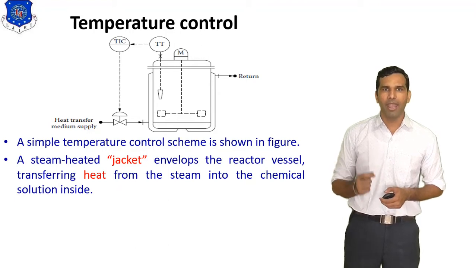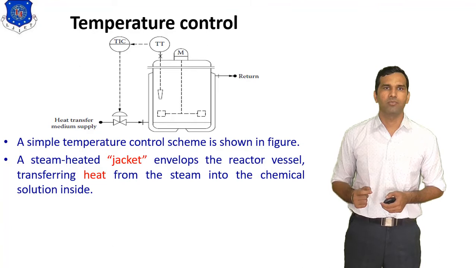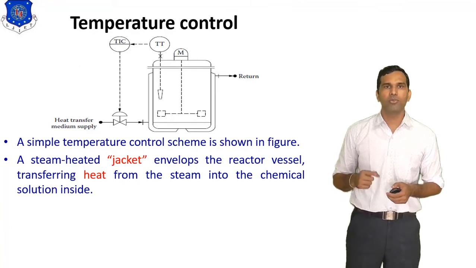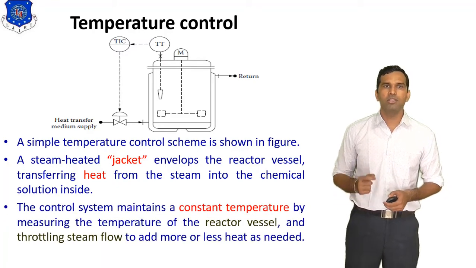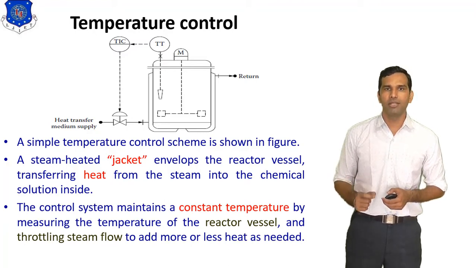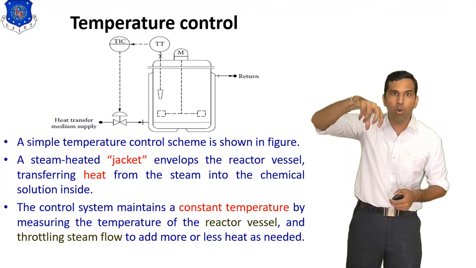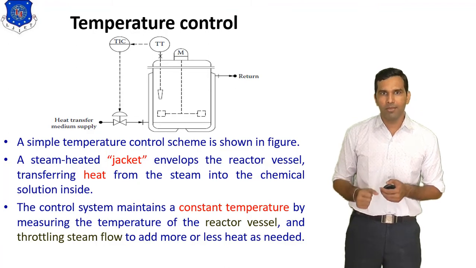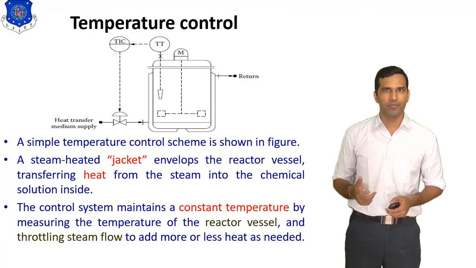The steam heat jacket envelops the reactor vessel, transferring heat from the steam into the chemical solution inside. The control system maintains a constant temperature by measuring the temperature of the reactor vessel and throttling the steam flow to add more or less heat as needed.